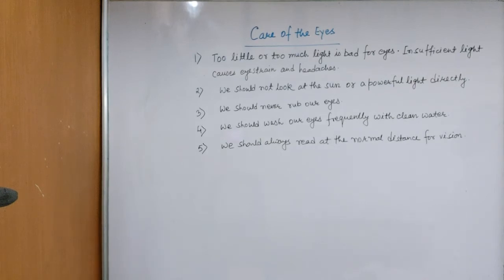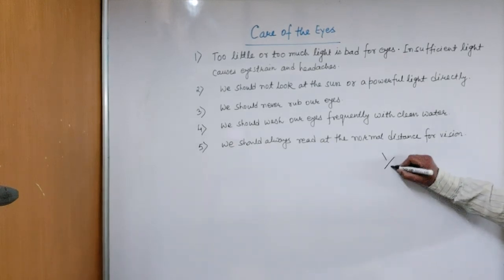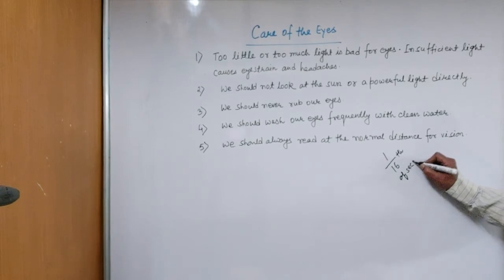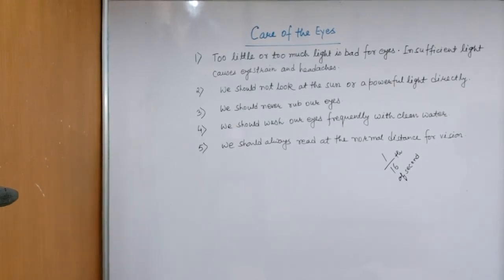Persistence of vision means the image of an object seen by our eyes persists, or remains there in our mind or on the retina, for about 1/16th of a second, even after the object has disappeared from our view.